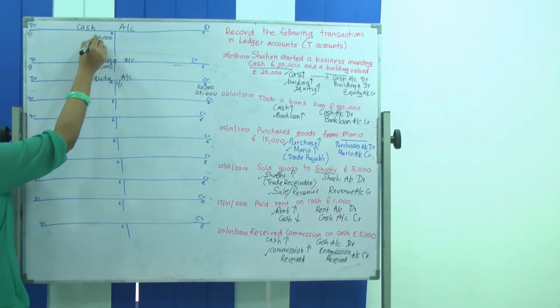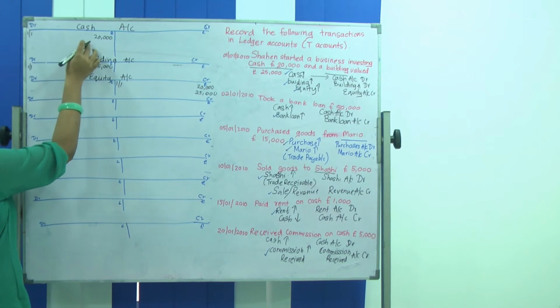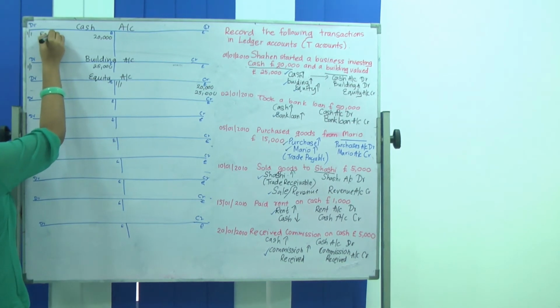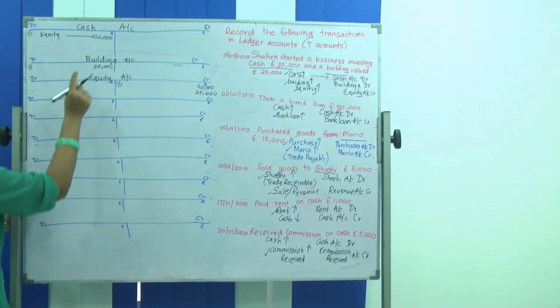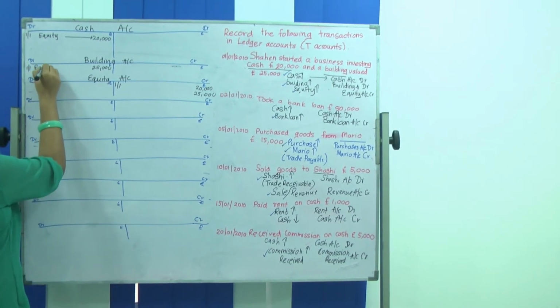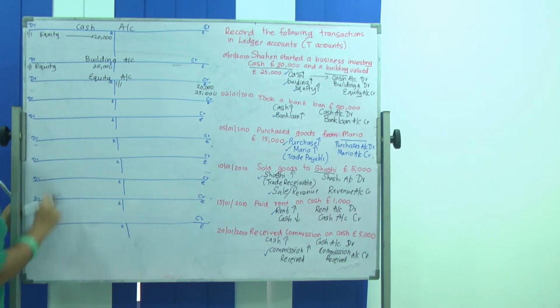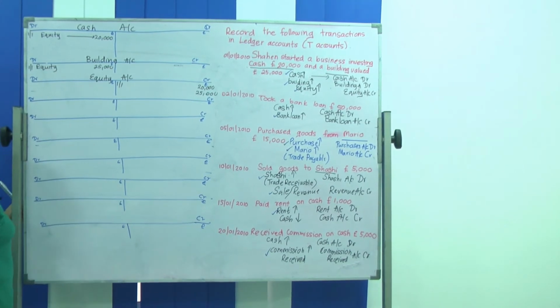Now here in the cash account, right in front of the amount, you can write equity, right in front of 20,000, and building, the debit entry is there on the building.